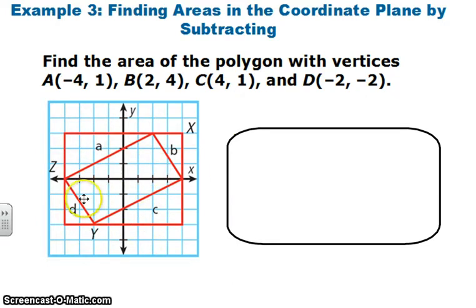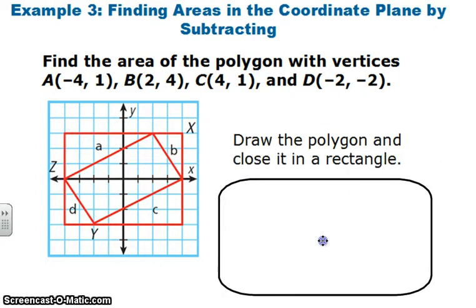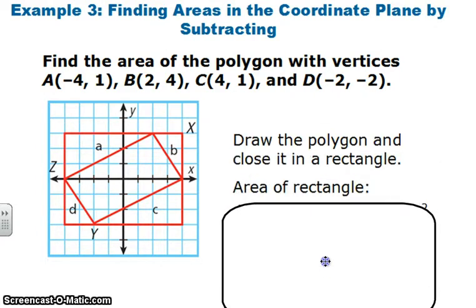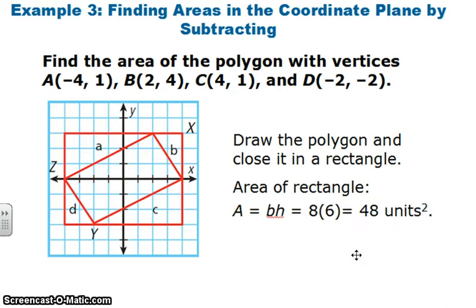So what you could do is find the area of the rectangle, right, and take away the individual triangles. They're all right triangles. So that would be a straightforward way to find the area. Draw the polygon and close it in a rectangle. The area of this rectangle is 4 and 4, 8 times 6, or 48 units squared, right?